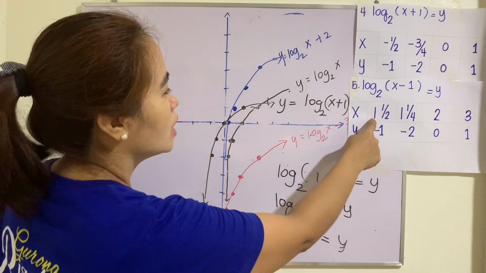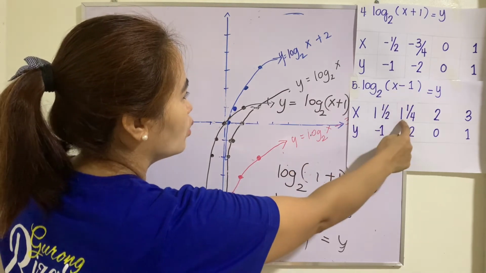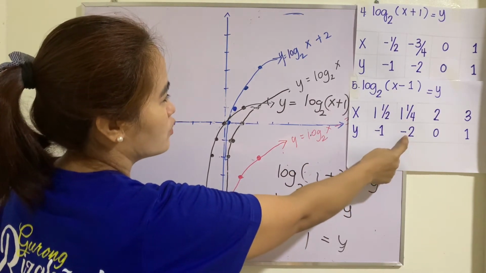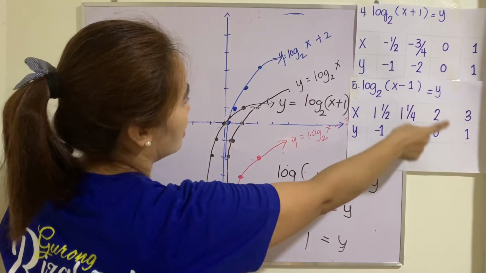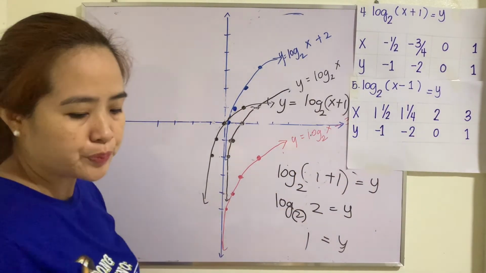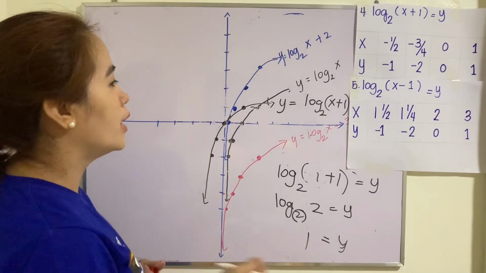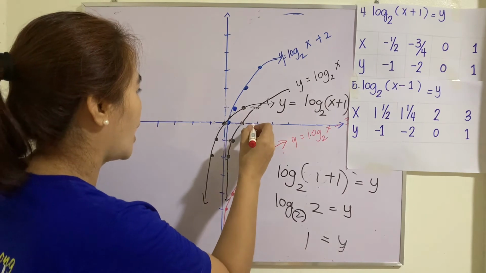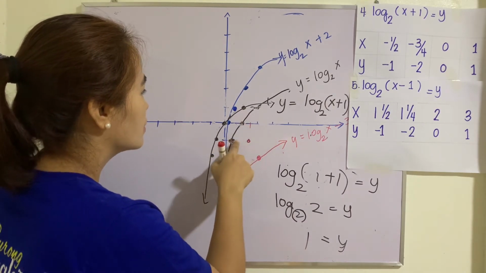Okay, I assign 1 and 1/2 there, you will be getting negative 1/2. I assign 1 and 1/4 there, you will be getting negative 2. I assign 2, that will be 0. I assign 3, that will be 1. Let's graph it. So we have 1 and 1/2, negative 1. Okay.